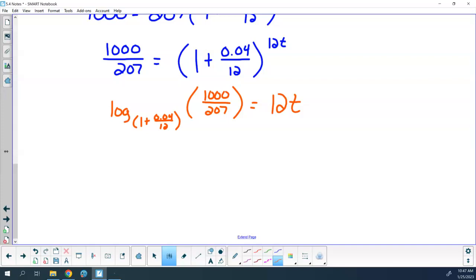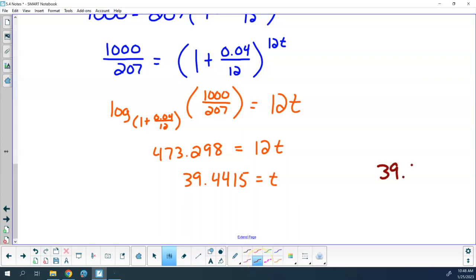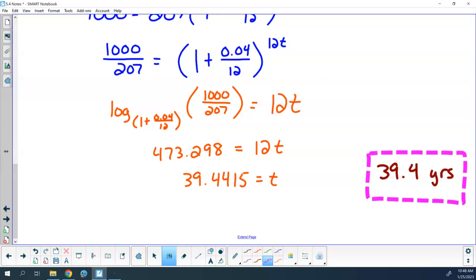I get here approximately 473.298 equals 12t. Then I'm going to divide both sides by 12. So, in 39.4 years, that account, just from the $207, will have that much money.